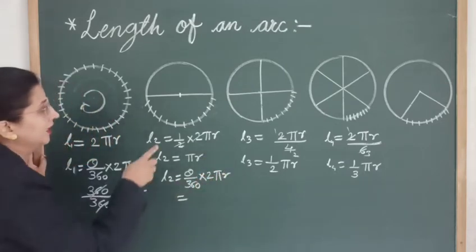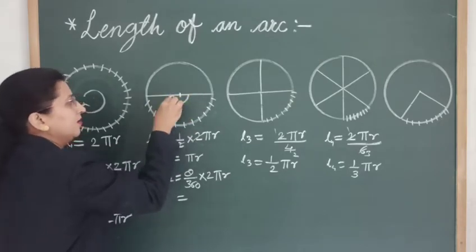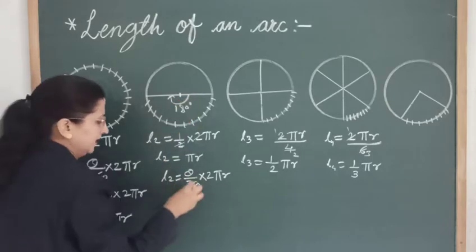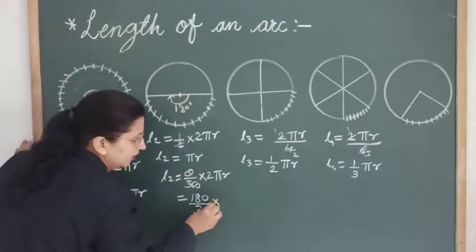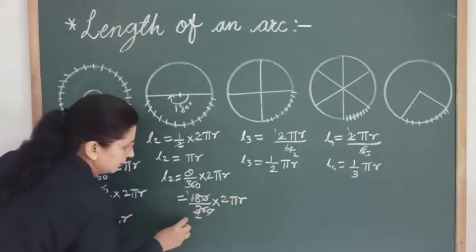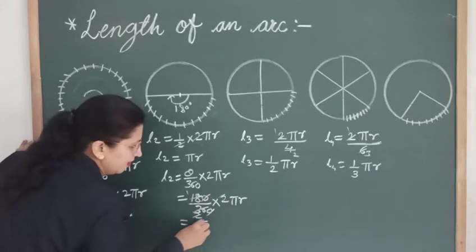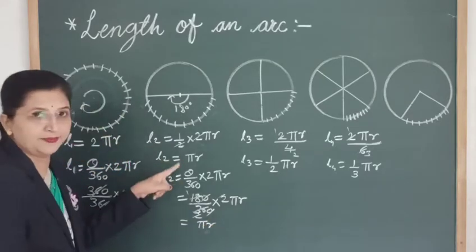What will theta be here? As it is a semicircular arc, theta will be 180 degrees. So 180 upon 360 into 2 pi r. Again the 2 gets cancelled, giving pi r. Same formula we got here.